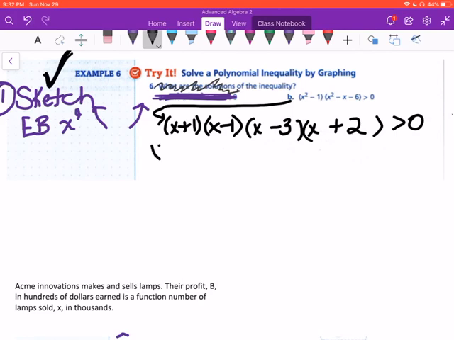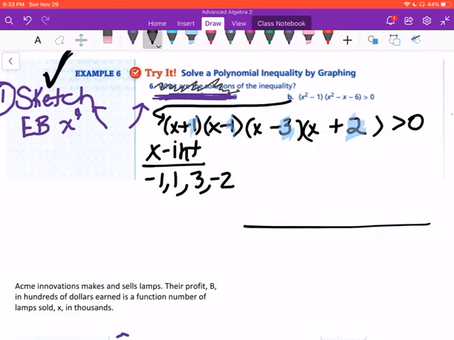So I have x-intercepts at negative 1, positive 1, positive 3, and negative 2. I'm getting that from these numbers right here. You take the opposite because you would set each one equal to 0 to find the x-intercepts. So sketch negative 1, 1, negative 2, 3.